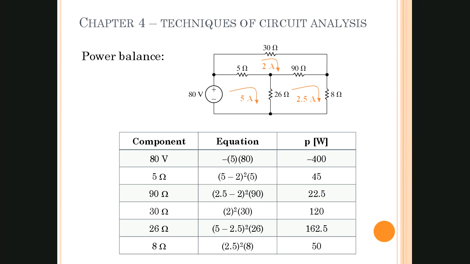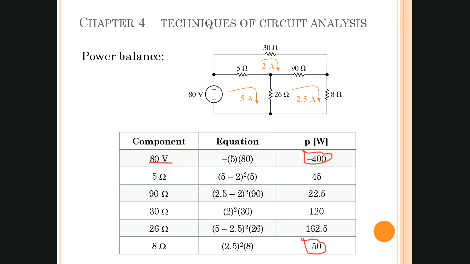And again, the 8 ohm resistor is with 2.5 amps squared times the 8 ohms, which is 50. That's one of the things that we're asking for, which is right here. And then we're also looking for the power being generated by the 80 volt source, and that's current times voltage, which gives us 400.